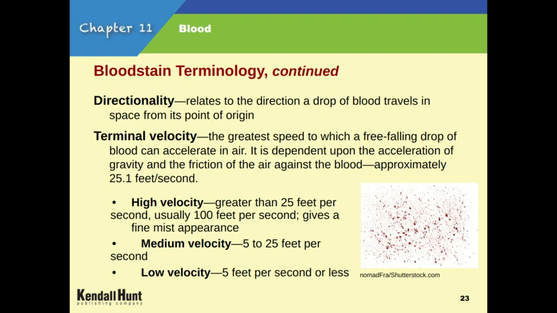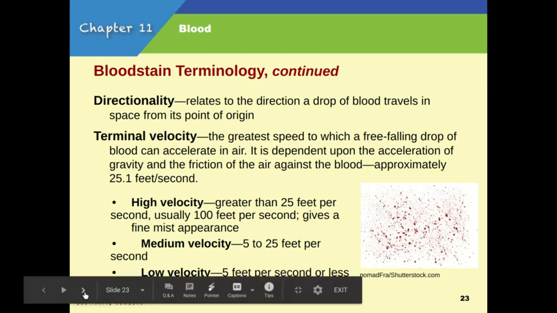Medium velocity, this is usually blood that has fallen from like a wound of a person standing, between 5 and 25 feet per second. And then low velocity is less than 5 feet per second. So in that case, the blood did not fall very far or was traveling at a very low velocity.